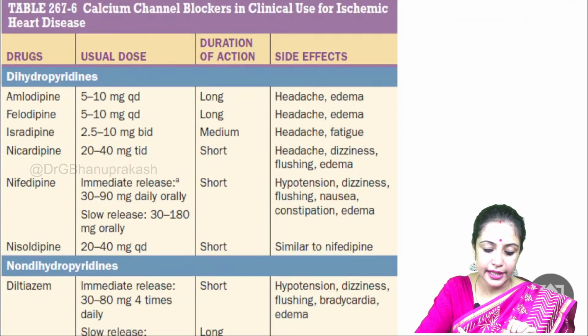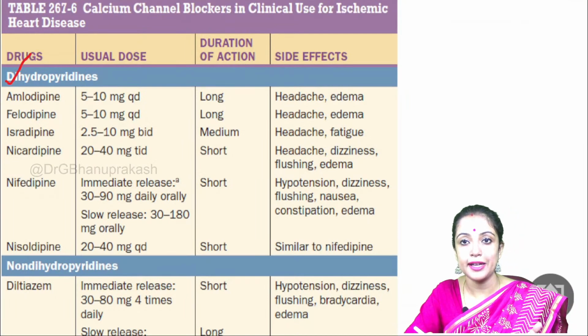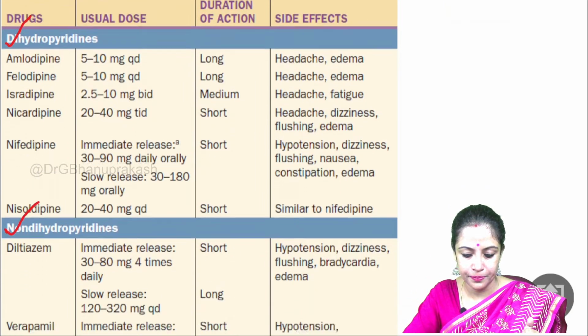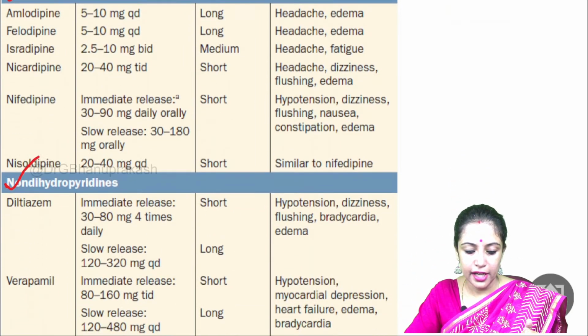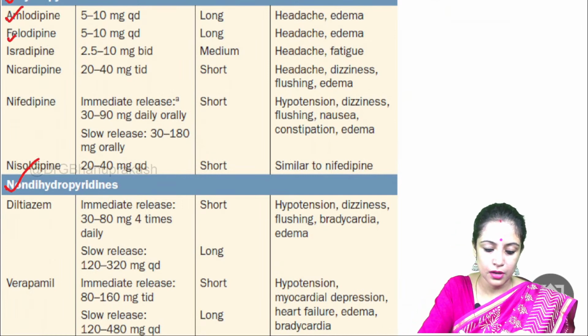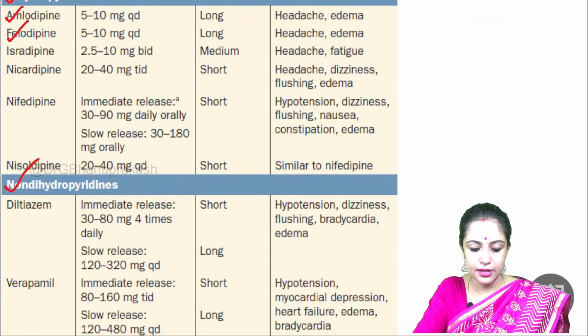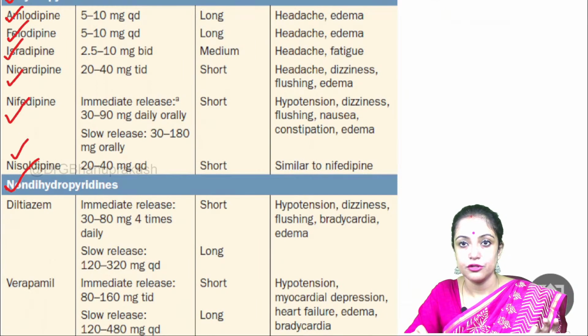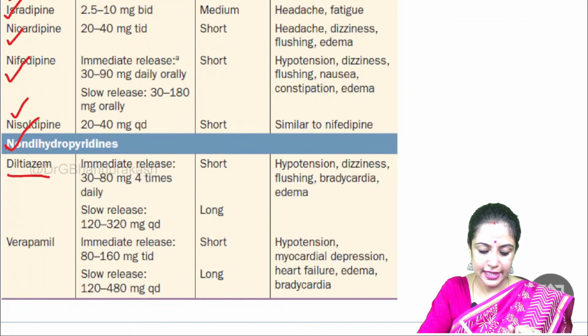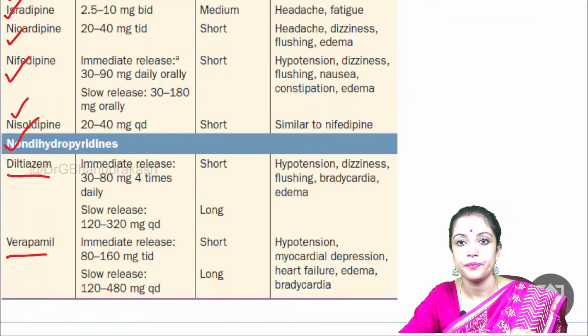There can be the dihydropyridine group of calcium channel blockers and the non-dihydropyridine group. In the dihydropyridine group, we have the age-old drug amlodipine, felodipine, isradipine, nicardipine, nifedipine, nisoldipine. These are the drugs in the dihydropyridine group. In the non-dihydropyridine group, we have diltiazem and verapamil.